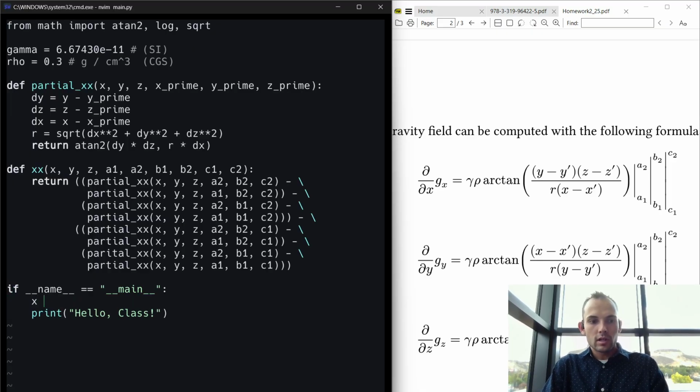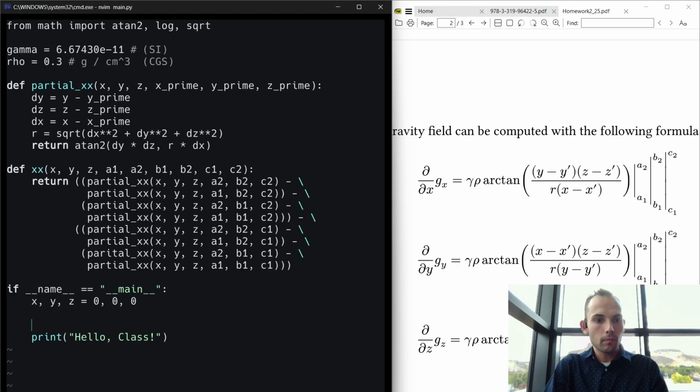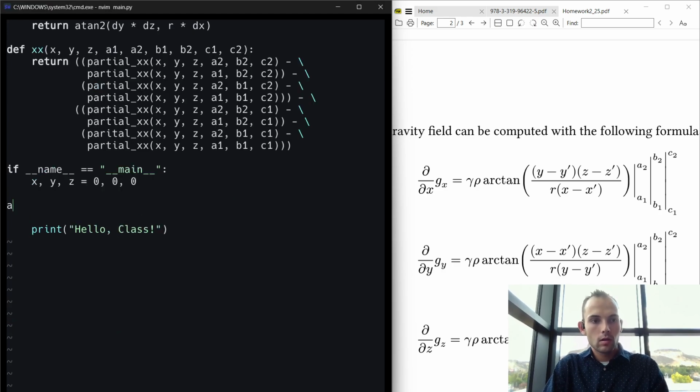So let's invent a test point. Again, I think we're allowed to use this kind of notation. A1 can be like B1, B2.